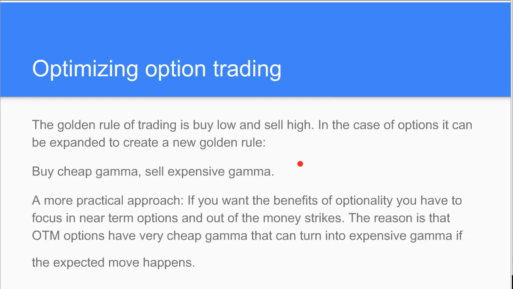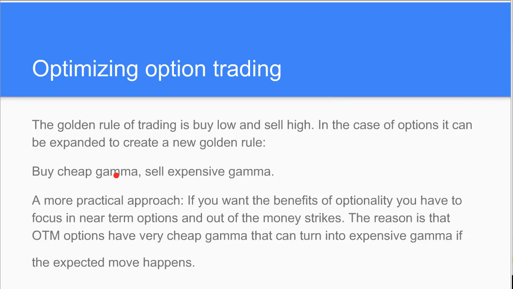Anyway, okay, let me see if I have another question. When you say buy cheap gamma and sell expensive gamma, does that mean you suggest a calendar trade? Well, that's a way to do it. What I'm suggesting is in general, it doesn't matter how you structure your portfolio. This is what I would like to do if you are a long gamma trader.